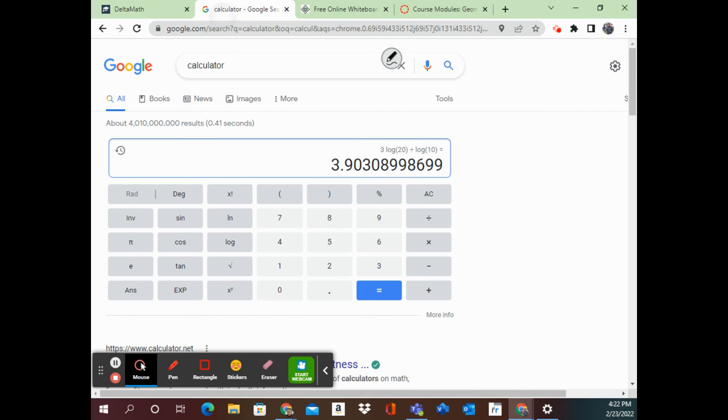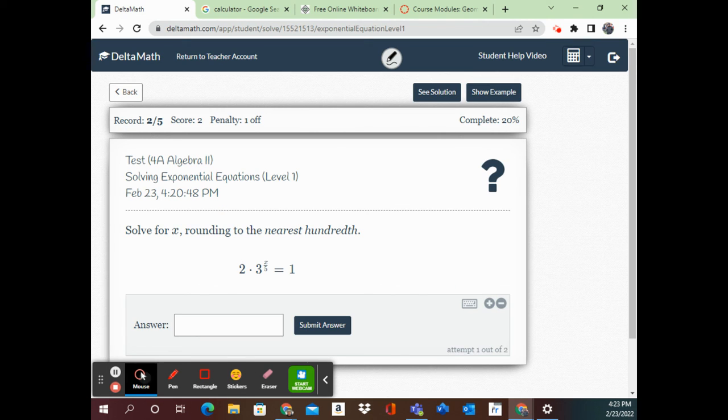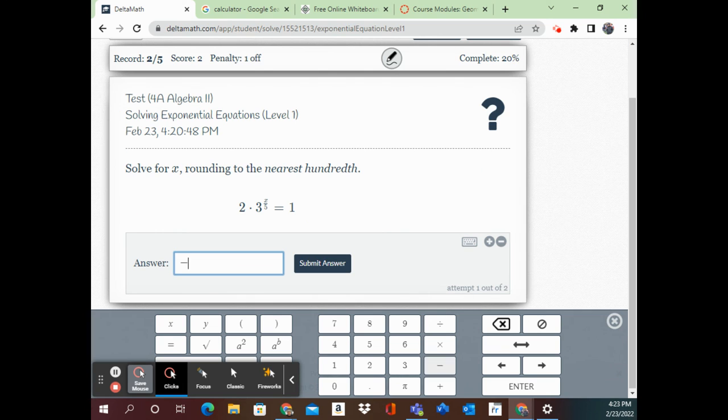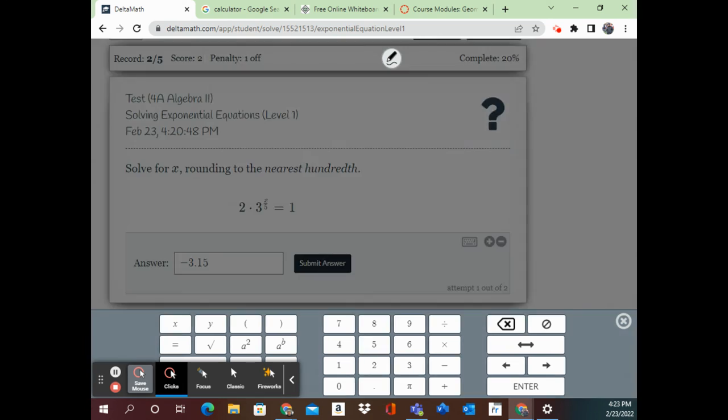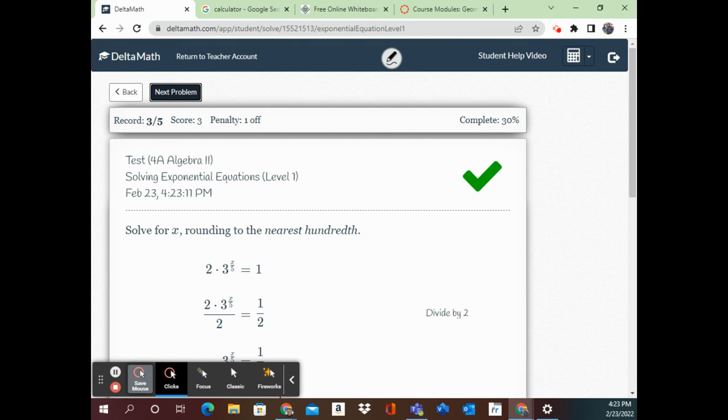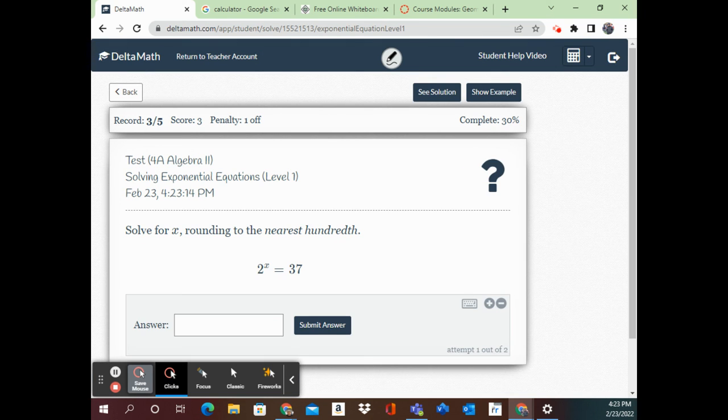So now we can go to our calculator. We go 5 log 1/2 divided by log 3. So we have a negative 3.15 here, right? And that's our answer, right?